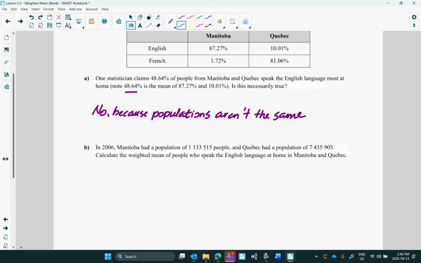So for Manitoba, the percent that speak English is 87.27 times the population of Manitoba. And then we want to take the percentage that speak English in Quebec times the population of Quebec. And we want to add those two together.